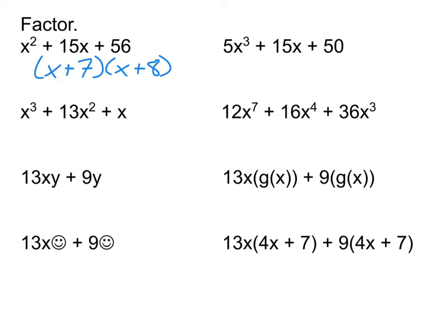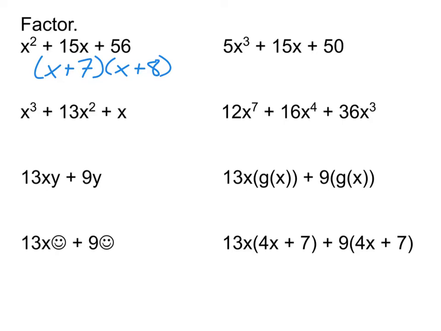Take a look at the one next to that. Here we have 5x cubed plus 15x plus 50. It's a cubed here, which means that I do not do add to multiply to. I need a different method. So how else could I factor it? Well, the other type of factoring that we have done to this point is where we can actually divide the same thing out of every term. We're doing distributive property in reverse, remember.